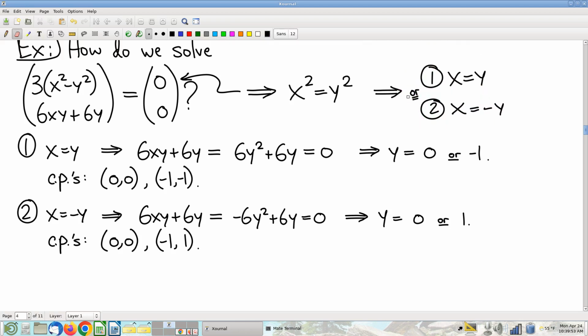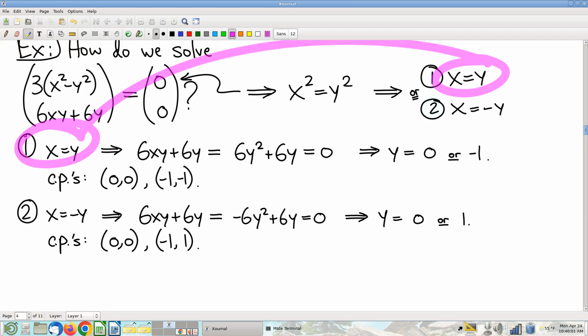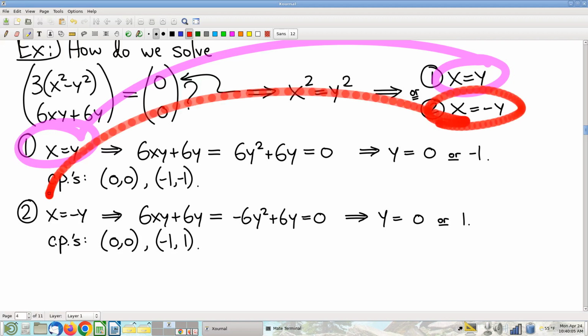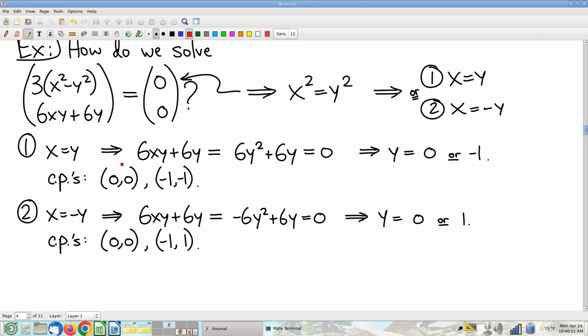So if you're looking for the set of all solutions, you have to consider all of the cases, and that means you got to break it down into case 1, where x is equal to y, and then a whole separate consideration, case 2, where x is equal to negative y. Right? So let's take these one at a time. Let's suppose that x is equal to y. We're looking at case 1.